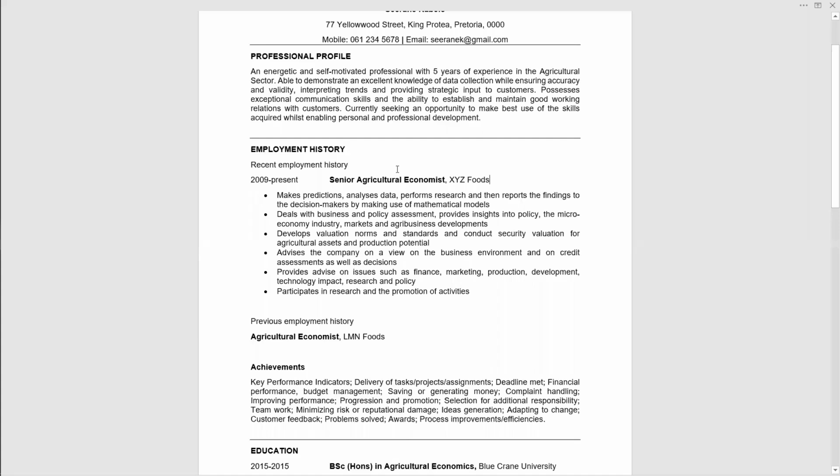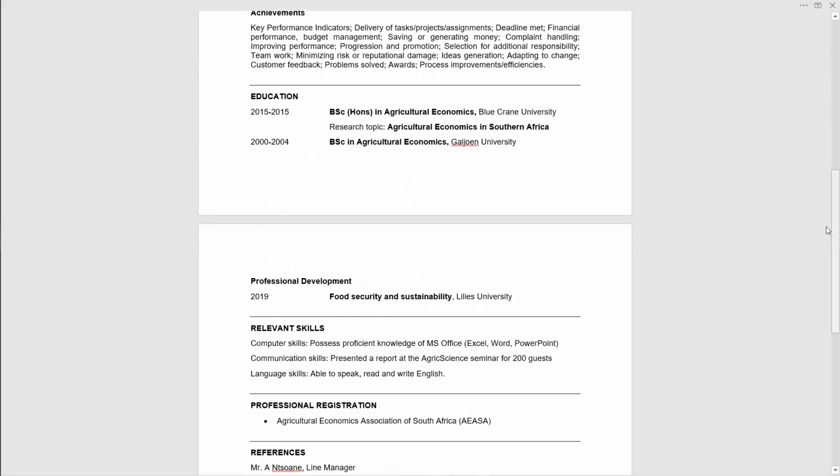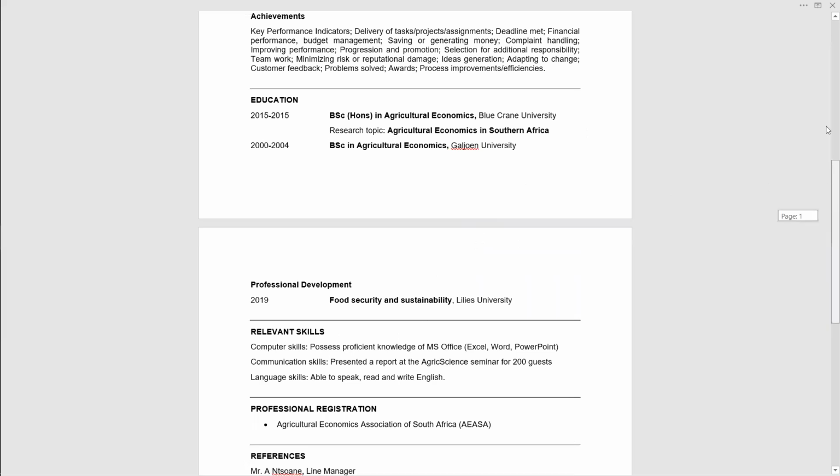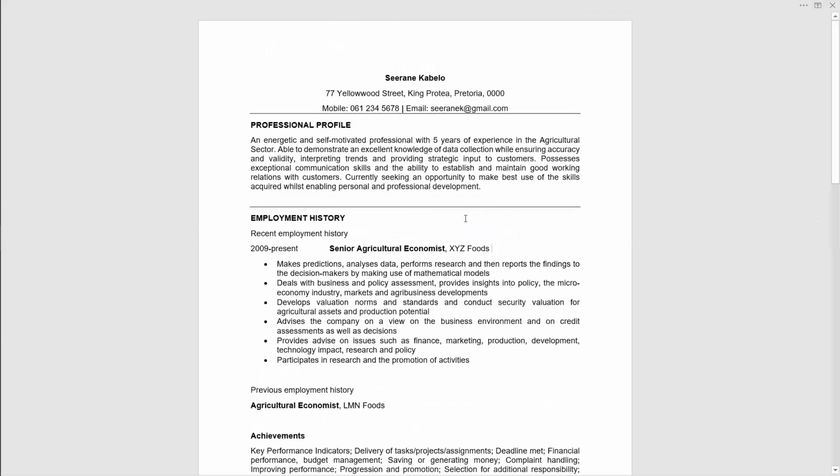So it wouldn't do you justice to highlight your company's name. It wouldn't do you justice to highlight some of the unimportant factors. So also here, your university name is not important to highlight, but your degree is, as well as the research topic. And also just ensure that you use the same formatting throughout your CV. And that is it. You are done with your CV.